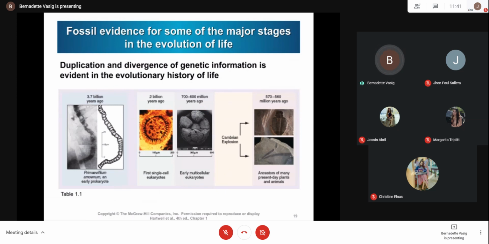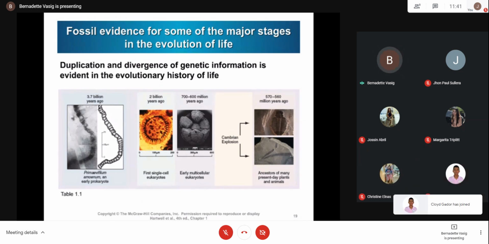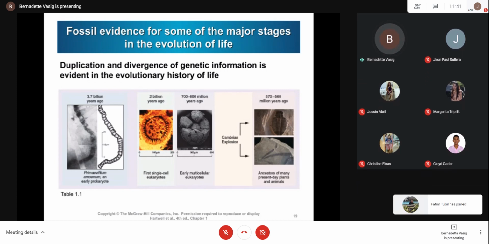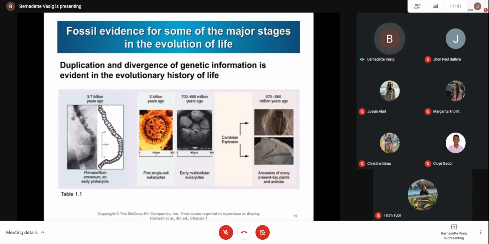So aside from the role of the DNA as a template for production of proteins, there is also evidence that the difference in the DNA sequence is responsible for the divergence and the diversity of the organisms that are now present. So fossil evidence that were discovered years ago showed that there are really stages in the evolution of life.